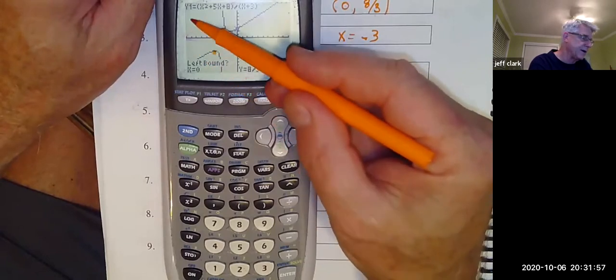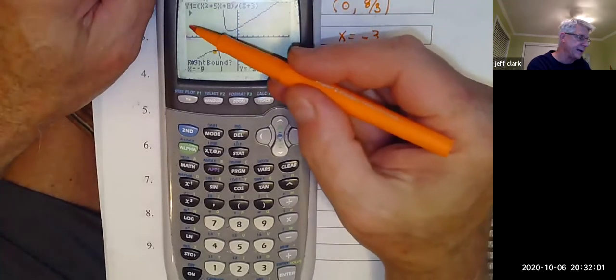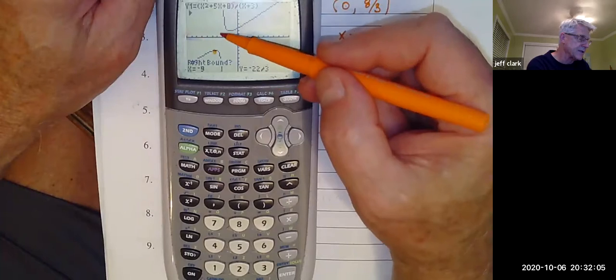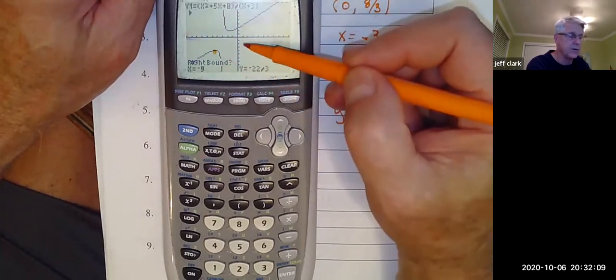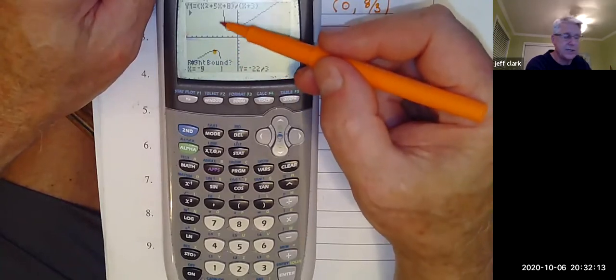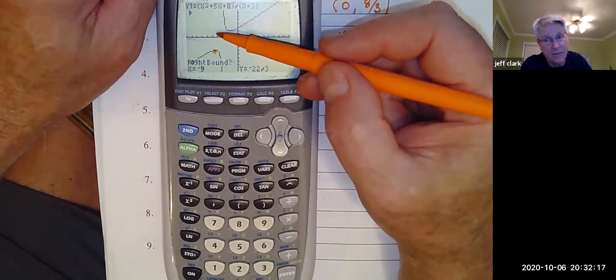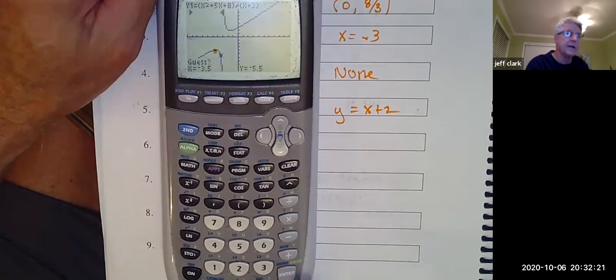So pick something over here, like -9, and we see a flag over there. Now the right bound, you have to be careful. You don't want to go past the wall, which is at -3. You want to stay on the left-hand side of the wall, like -3.5, and then hit enter.